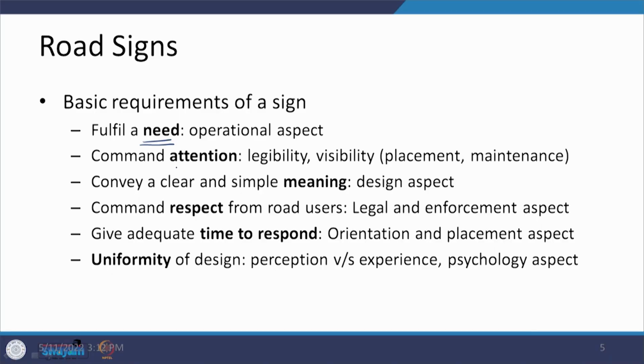Another thing is that it should command attention. The way the sign is being designed and being placed, whether it is readable or not, understandable or not, visible or not. The sign is placed at a location some 10 years back and it is not being maintained, and therefore now it is very difficult to understand what exactly it is trying to depict.